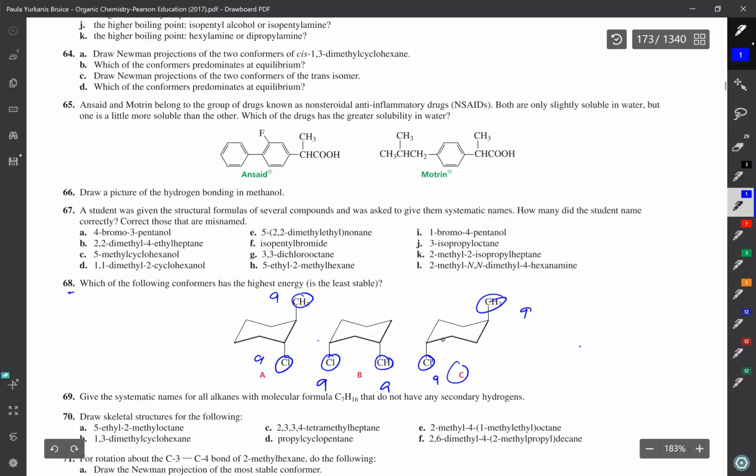In C, the groups are far from each other compared to the other one. So distance now becomes important. Is that okay? So this one will be more stable, followed by this, and then that one.